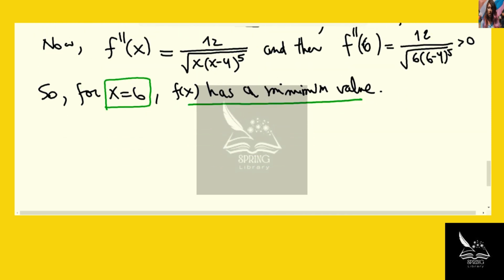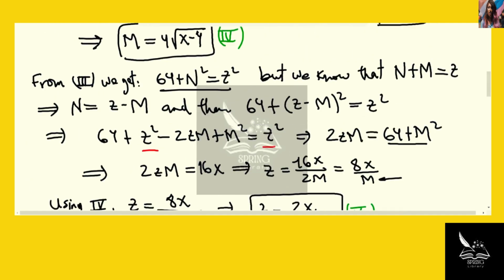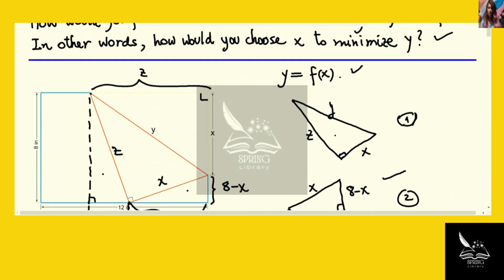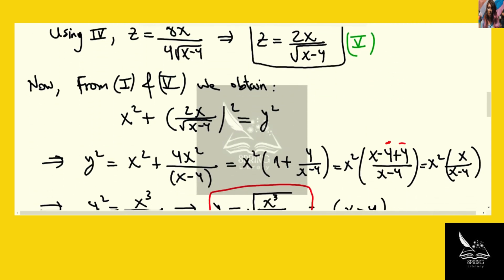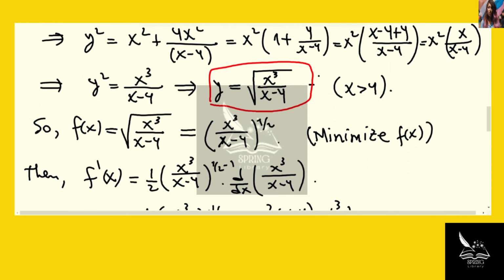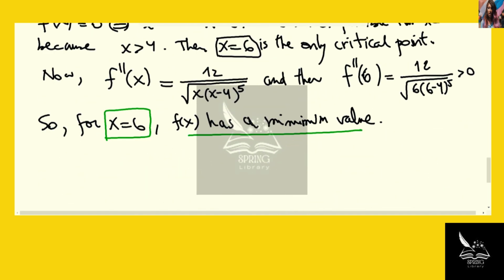And so if x equals 6, we can find y using this relationship here. So y is the square root of x cubed over x minus 4.